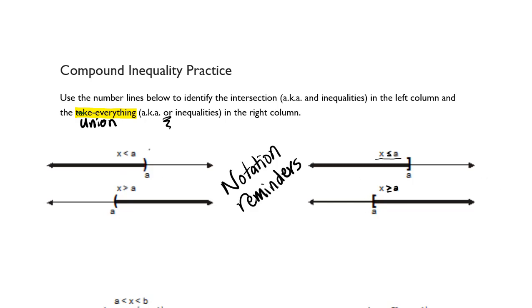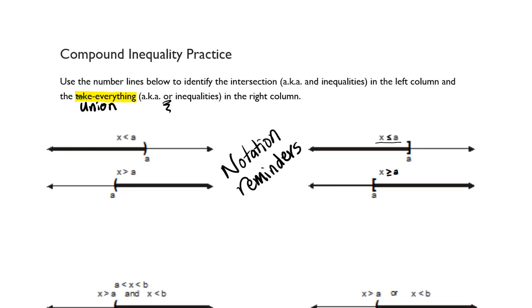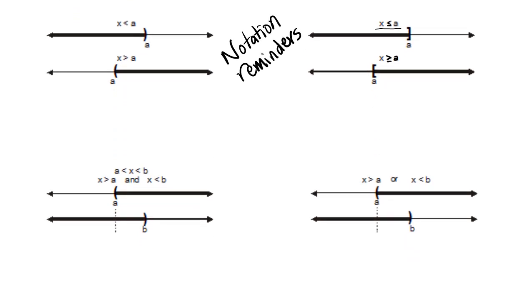And then on the other side here, we have x is less than a. That would be an open parenthesis, or you could say a parenthesis opening to the left. X is greater than a would be a parenthesis opening to the right. So just as a reminder, that's the notation we're going to use in this video. So let's go ahead and get started.